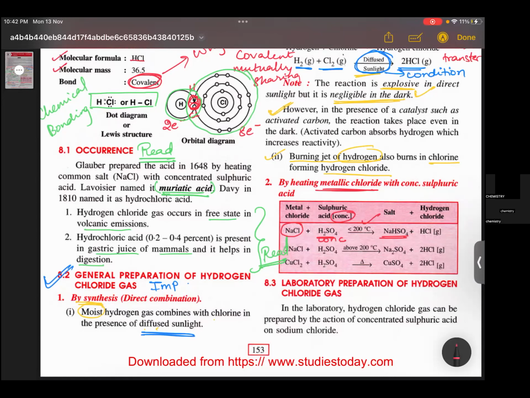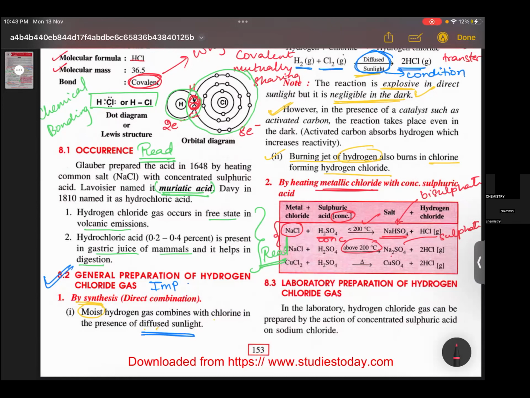And if you go above 200 degrees Celsius, you'll get Na2SO4 plus 2HCl. So here you'll be getting a bisulfate, and here you'll be getting a metal sulfate. Again, balancing is important. Temperatures you cannot miss, as if the temperature is below 200, you get a bisulfate.